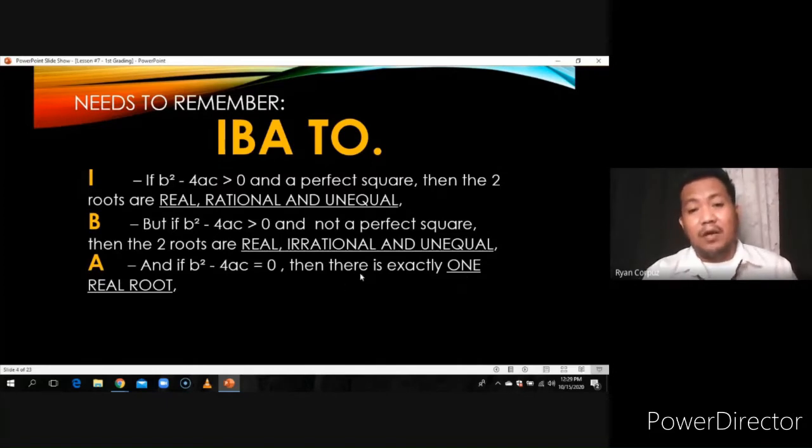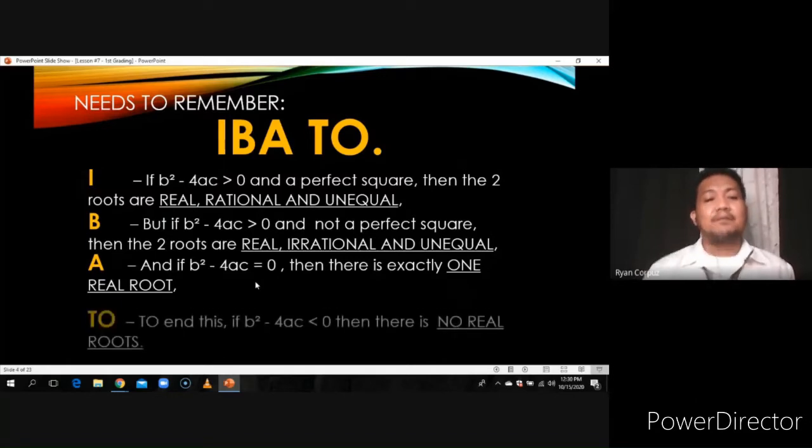That's why we call the nature of those solutions or roots one real root. Because again, the solutions to a given quadratic equation are the same, or they are equal. That happens if you find that the discriminant is equal to 0.